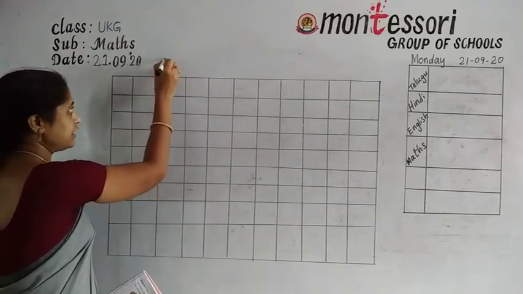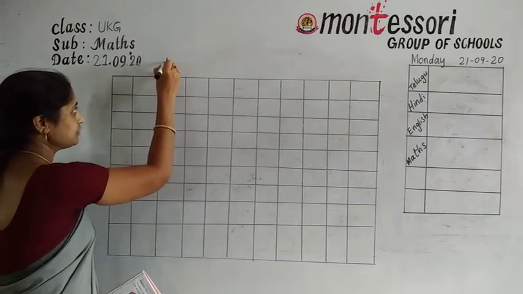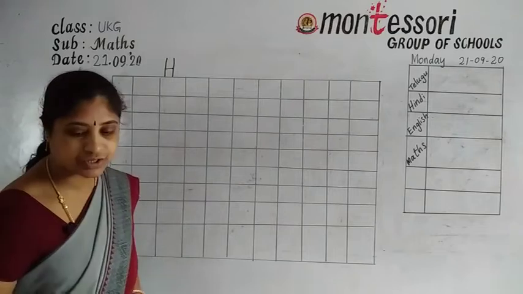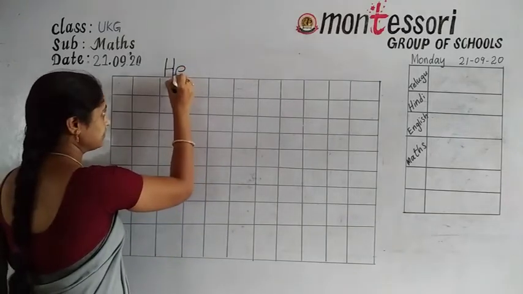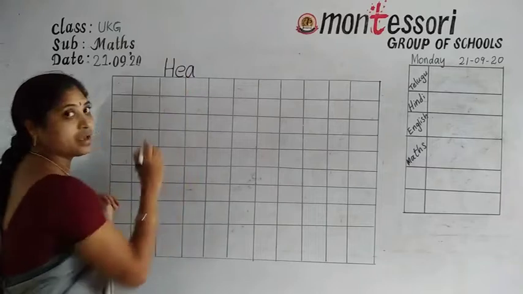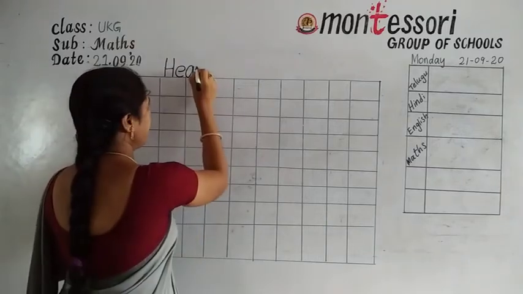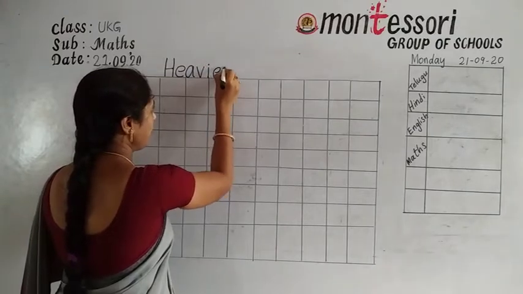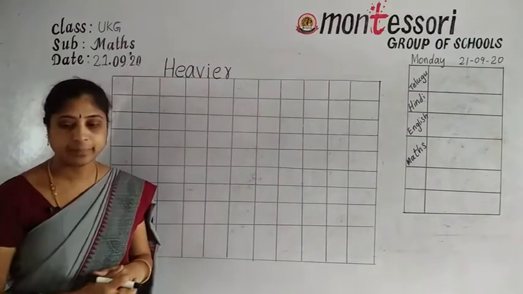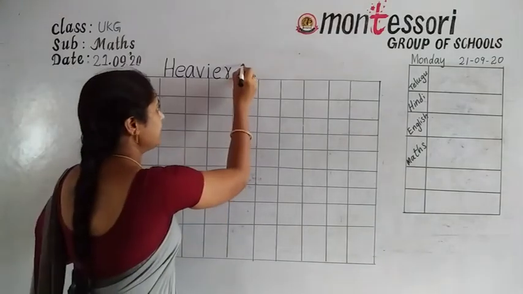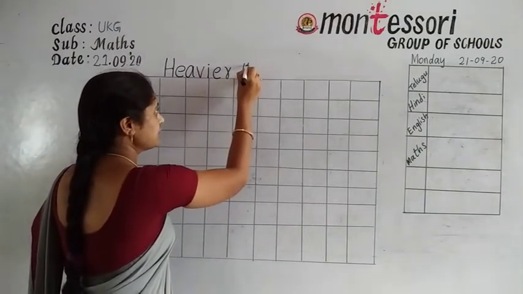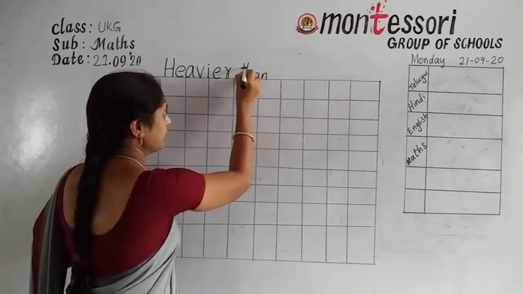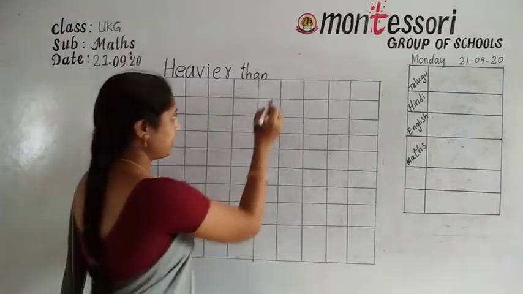Start with heavier: capital letter H, E, A, V, I, E, R. Heavier, then a finger gap, then than: T small h, small a, small n. Heavier than, hyphen.